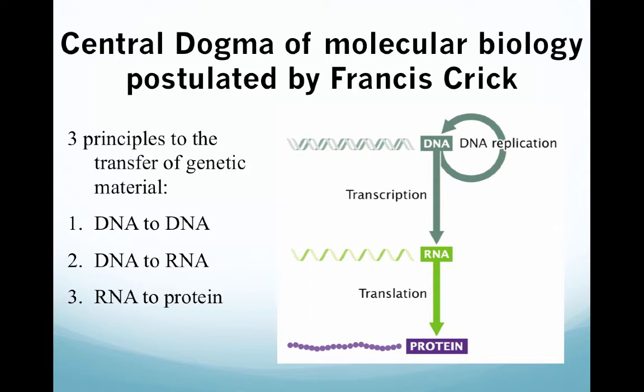So the central dogma that was first postulated by Francis Crick really comes down to three major processes. First is DNA replication, where the DNA material is actually copied into more DNA material. So think about this like mitosis and meiosis, where we're copying a lot of DNA material.